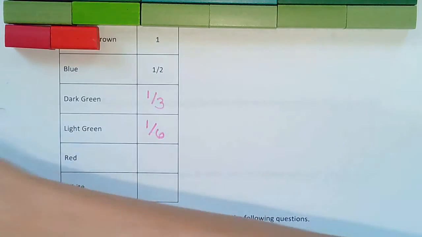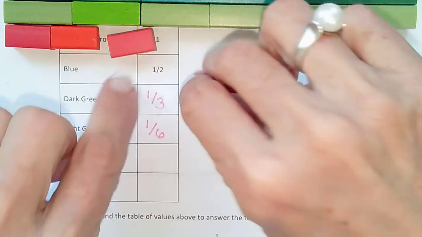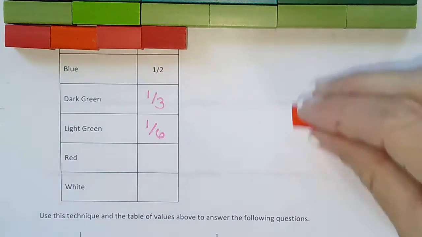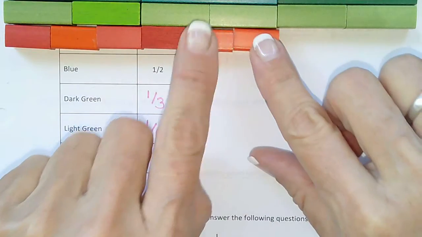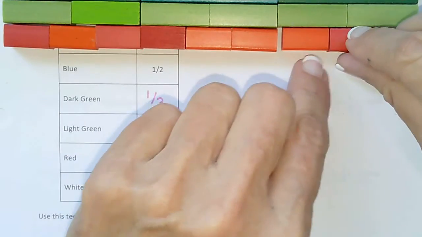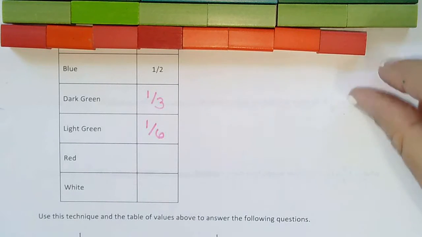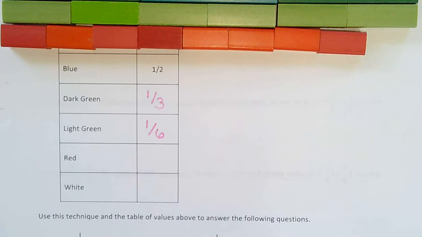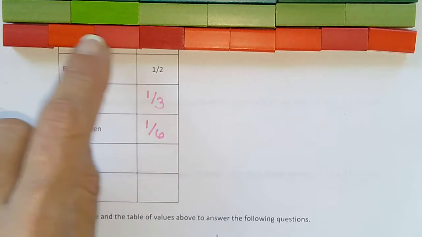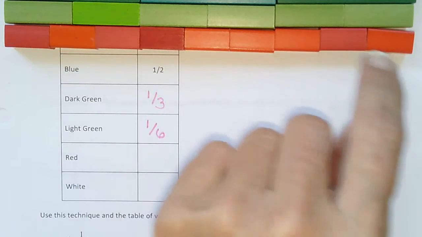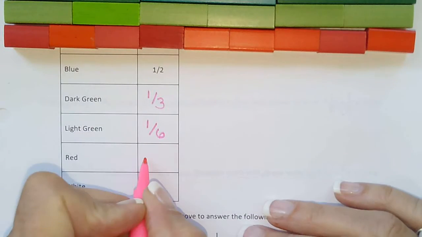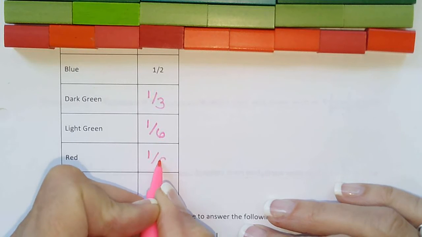So 2, 4, 6, 8. And you'll see where this is heading in a minute. I know this is tedious watching me make a train here. So 1, 2, 3, 4, 5, 6, 7, 8, 9. So 9 reds make a whole. That means 1 red would be 1/9.